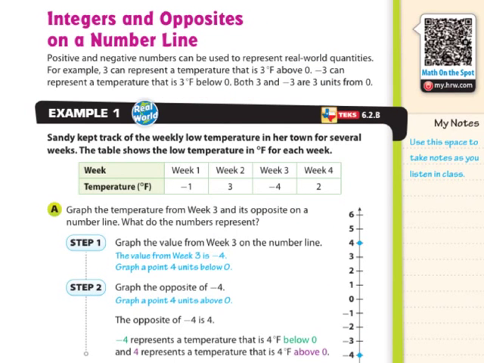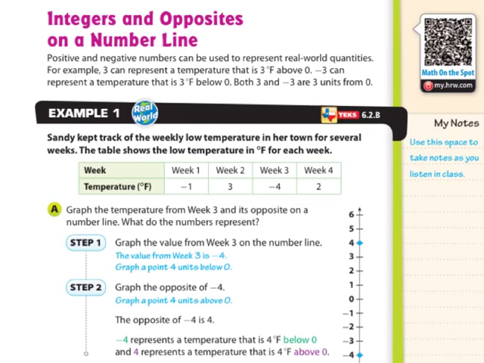Okay, hi guys. So now we are going to do opposites on a number line. Basically graph the temperature from week 3 and its opposite on a number line. What do the numbers represent? So I'm going to show you an example of opposites.